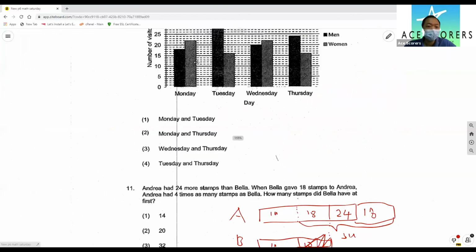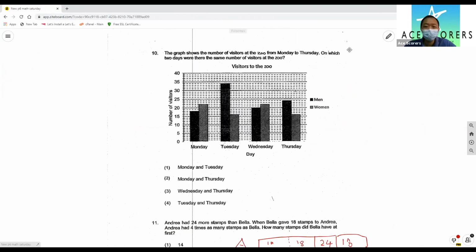11. Okay, the graph shows the number of visitors at the zoo. Which day were there the same number? You gotta add them, add together, alright? So, on which 2 days were there the same number of visitors? So do you add them? Then how do you find the total?